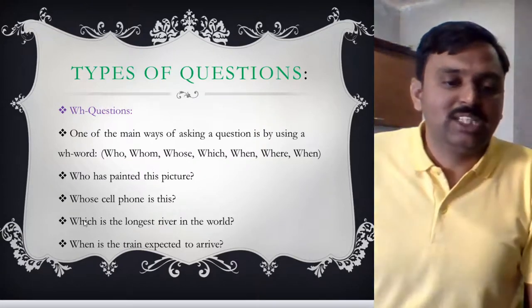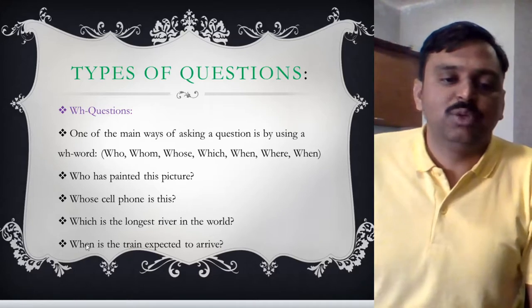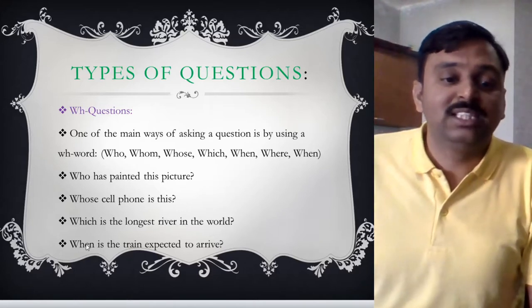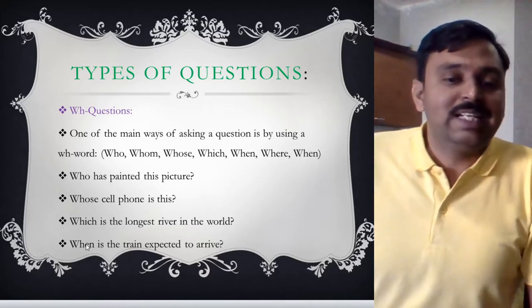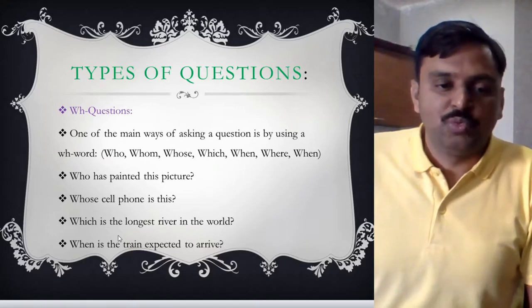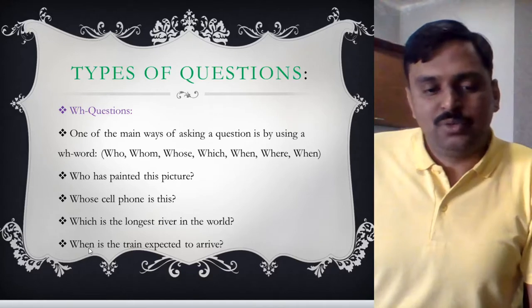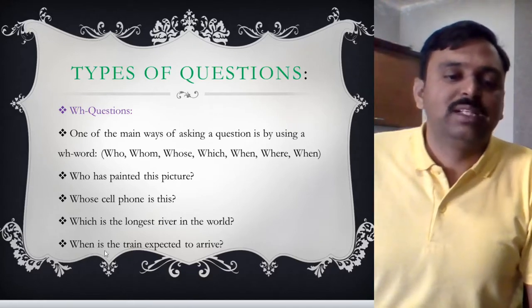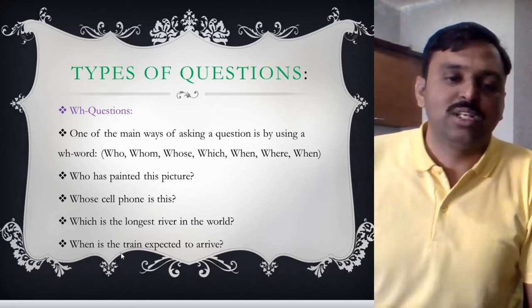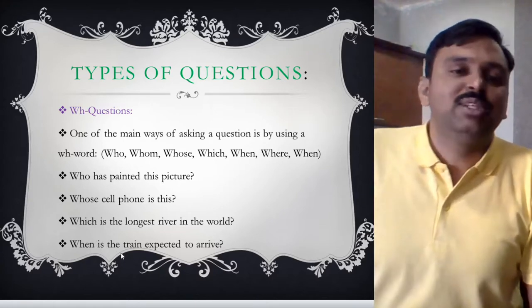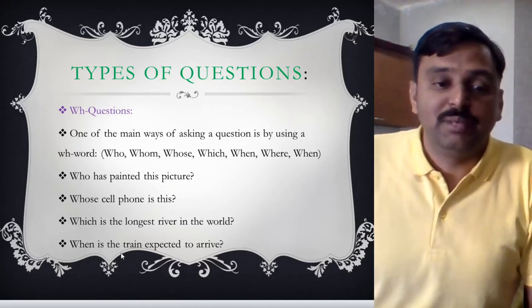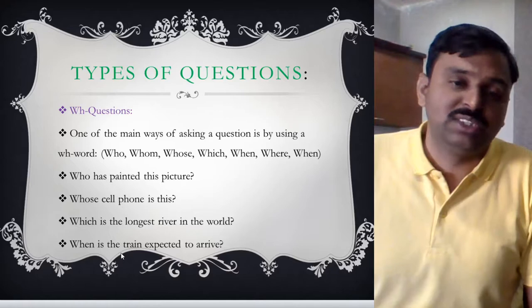The next one, when, tells you about timing, when that situation is going to happen, and where tells you about the place where the thing is going to happen. So here after when as well you can find helping verbs. That's the important thing to understand. After a WH word you must use some helping verb in questions as well.